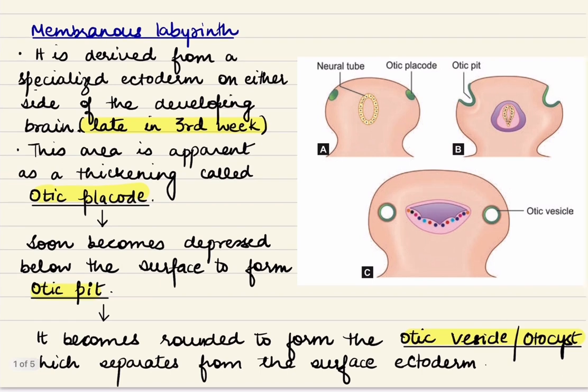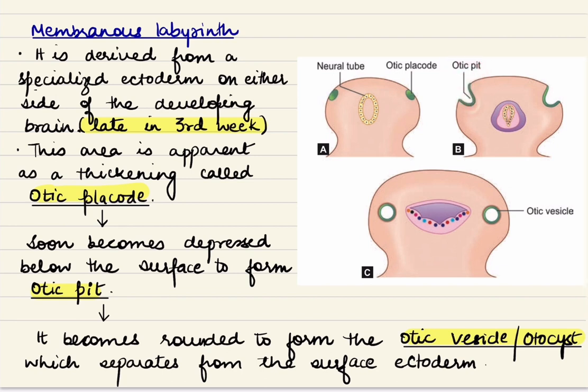Now, proceeding to the development of the membranous labyrinth, it is derived from specialized ectoderm on both the sides of the developing brain. By the end of the third week, that is the late third week, there is thickening of this ectoderm, which is known as the otic placode. With progression of time, this otic placode deepens to form an otic pit.